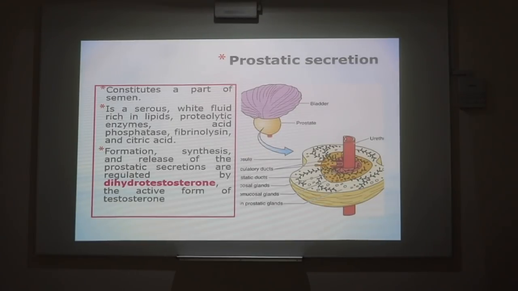So those people are usually given these drugs, which are the 5-alpha reductase inhibitors, and they stop the conversion of the testosterone to dihydrotestosterone. And because the glands are under the action of the dihydrotestosterone, once you give the inhibitor, it will result in decrease in the size of the gland and their secretion.